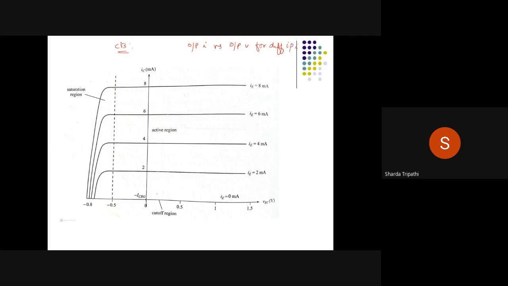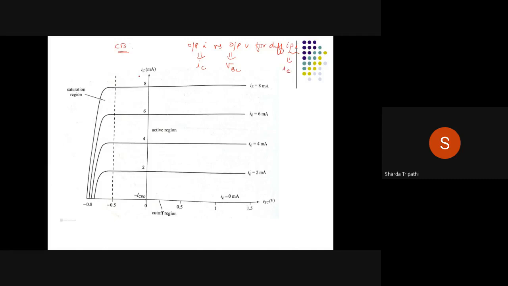So if it's a common base configuration, what is the output current? Output current is the collector current IC. Output voltage is VBC and the input current is IE.